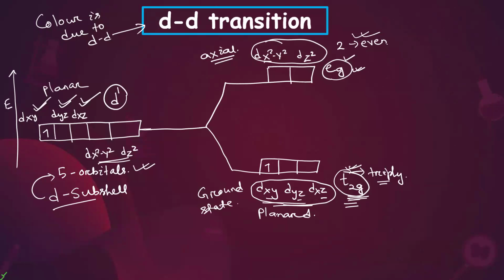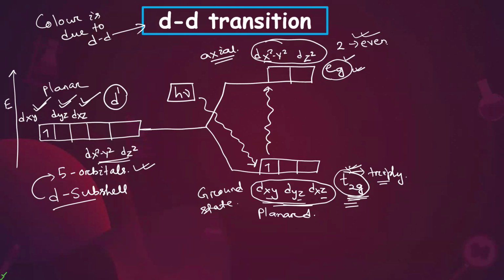But what happens when you are giving light radiation? This is your incident light radiation. The light falls and gives energy, like heat. What happens when this electron is excited to eg?